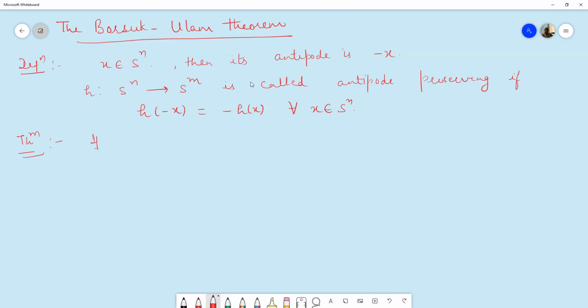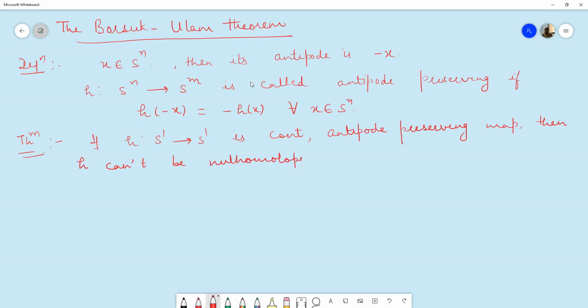So if H is a map from S1 to S1, if this is a continuous antipode preserving map, then H cannot be null homotopic. So we will prove this theorem in 3 steps.